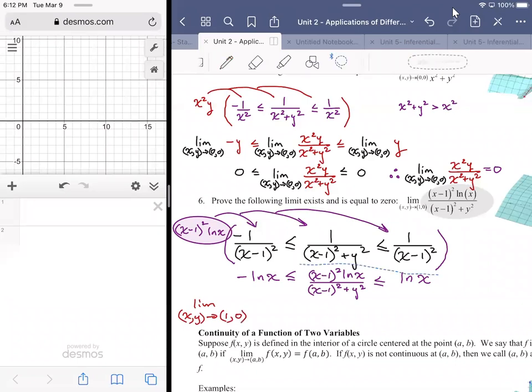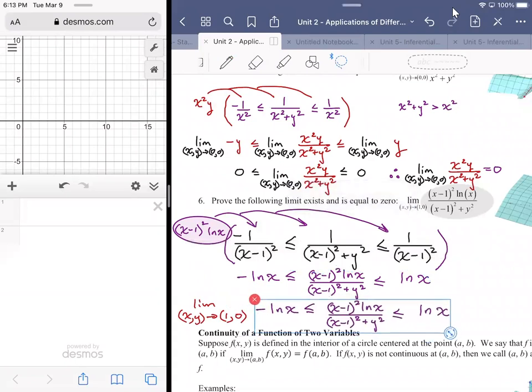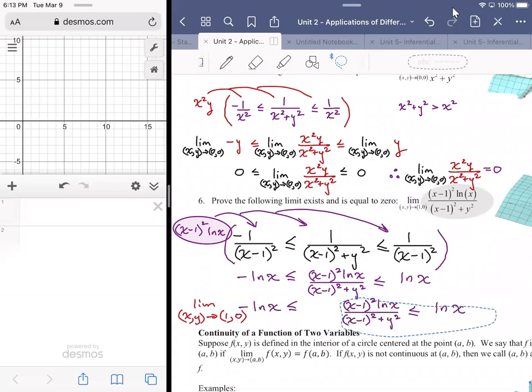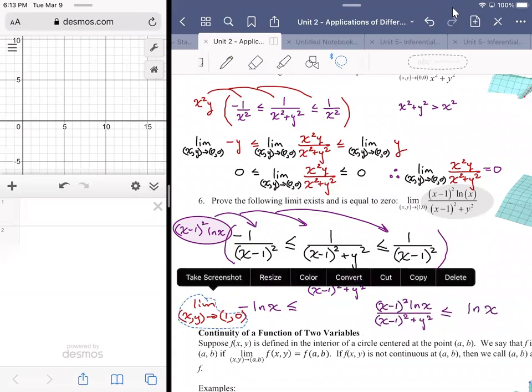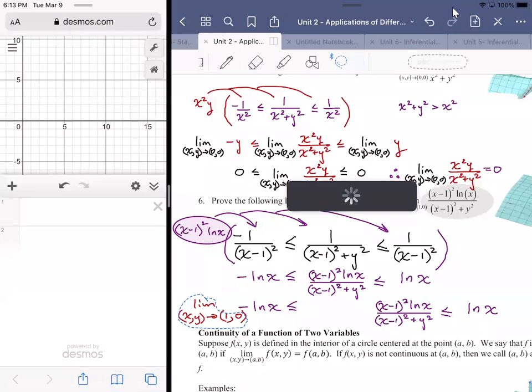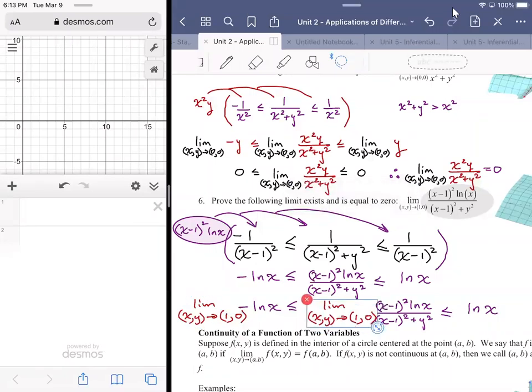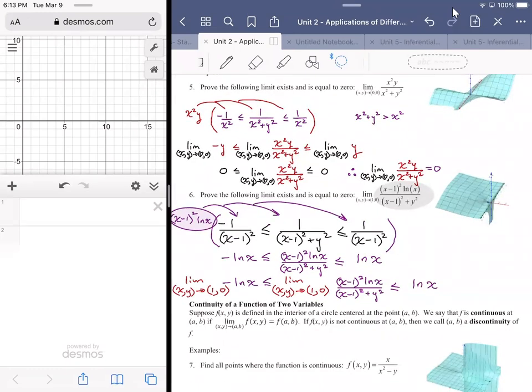Okay, so see if I can do this in a halfway efficient sort of manner. So we're taking the limit of that. Then the limit of this, which is ultimately what we're looking for.